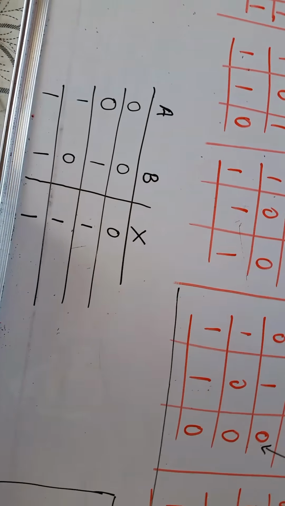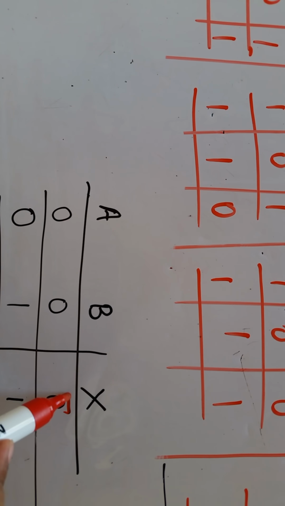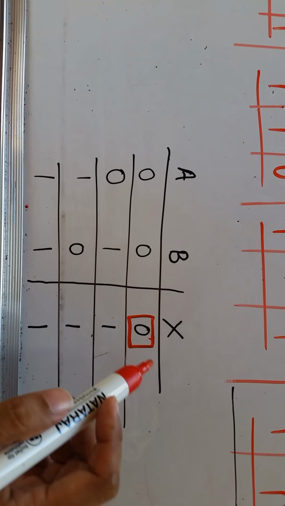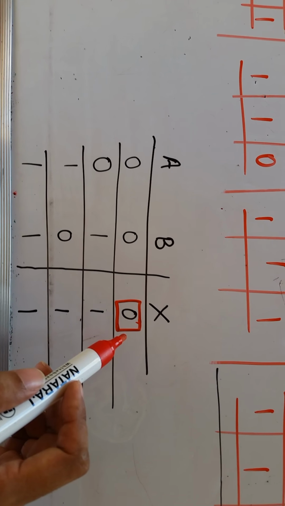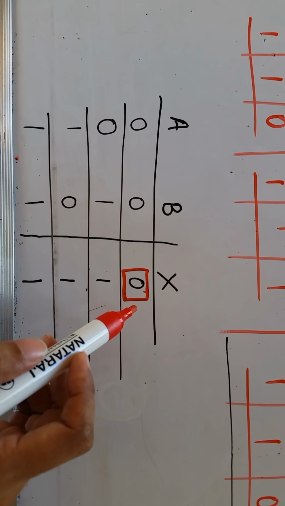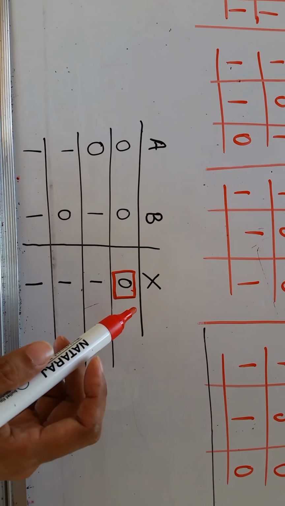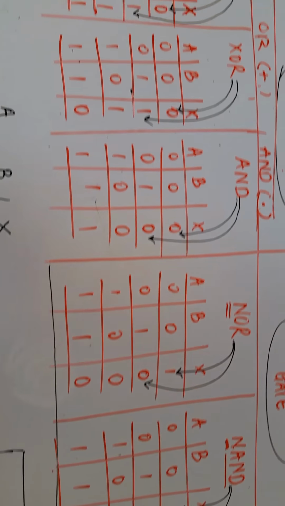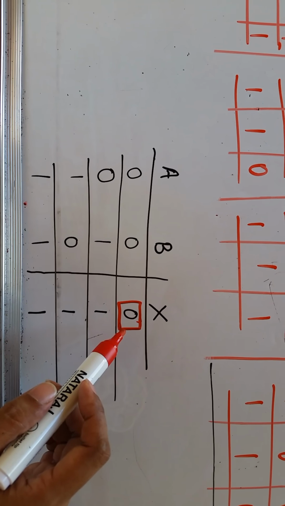The first thing to do is to look at the first output, and the first output is a 0. So if the first output is a 0, I will have to go and check my 5 truth tables to see which one produces an output of 0.